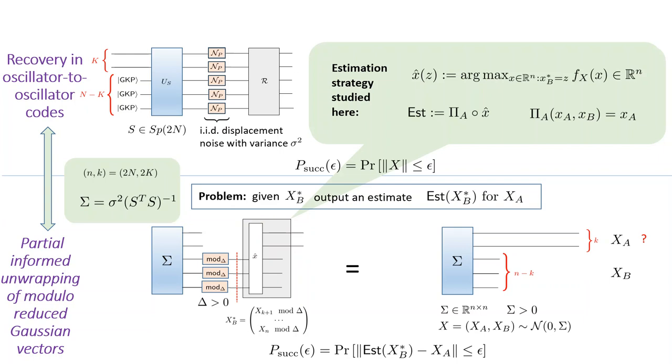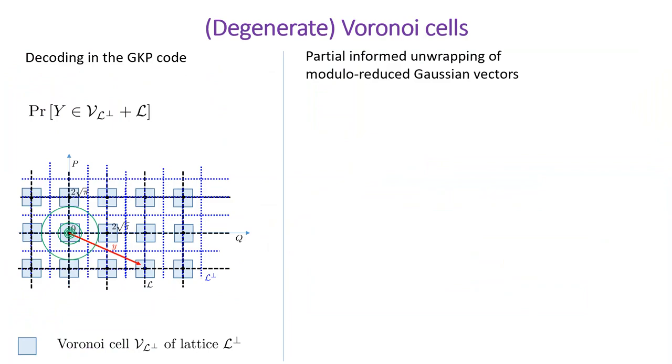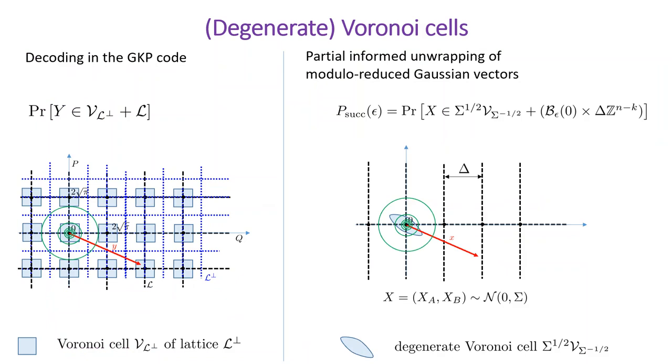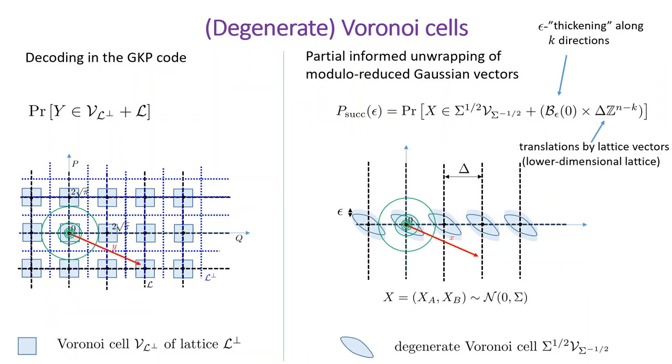Analyzing this problem, we find a similar geometric interpretation of the figure of merit as when decoding GKP codes. The success probability is given by the probability that a random vector belongs to a certain set. The set is defined by taking what we call a degenerate Voronoi cell, displacing it along a lower dimensional lattice, and taking the union, and finally thickening the resulting set in the remaining directions.